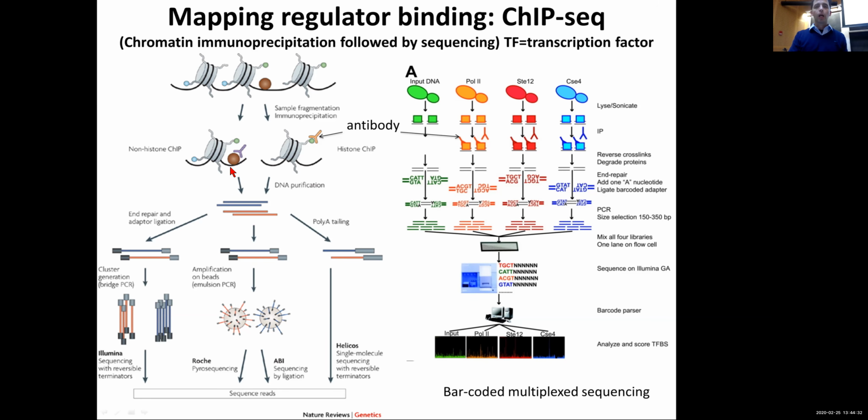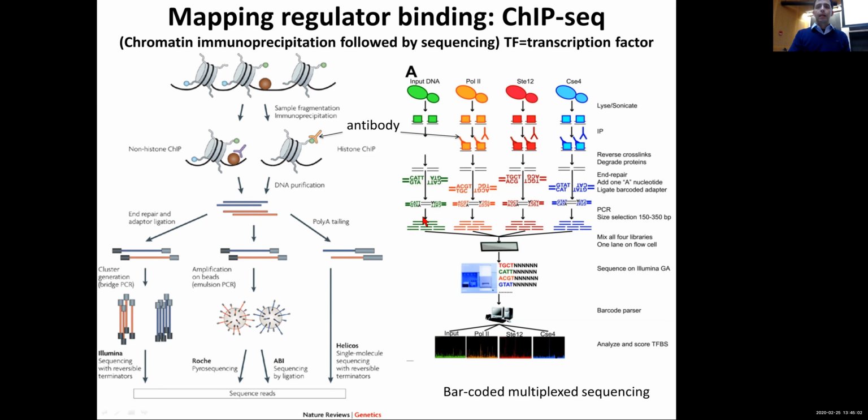I can then reverse the cross-linking that I had previously put in between chromatin and DNA, to be able to sequence or hybridize or do anything else with those DNA segments. Then I sequence them and map them to the genome, and I have all of the places in the genome where that particular regulator was bound. Raise your hands if you're with me.